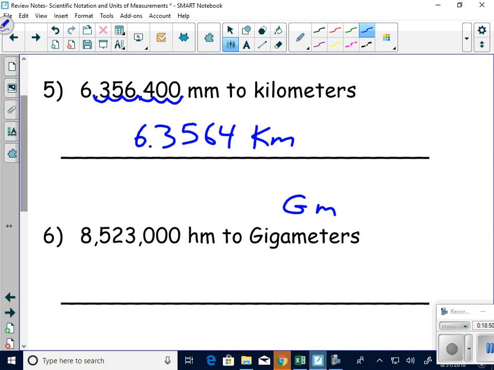So I am going to jump this 7 to the left. 1, 2, 3, 4, 5, 6, 7. My new number is 0.8523 gigameters.